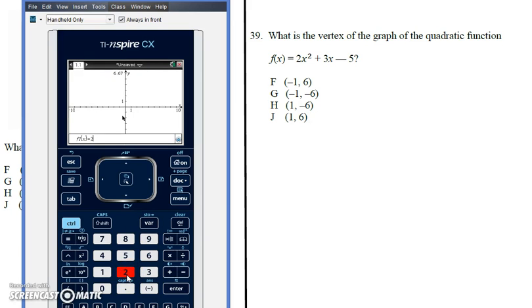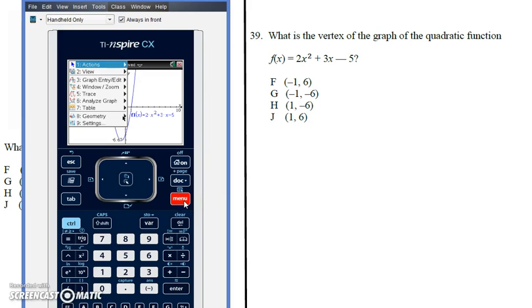I have 2x squared plus 3x minus 5. And I want to analyze my graph. So I go menu, I go 6 for analyze, but I need to know if it's a maximum or a minimum. Well, it's gonna be a minimum, and you put the bounds before and then after. So my vertex is located at negative 0.75 and negative 6. So the answer is not there.